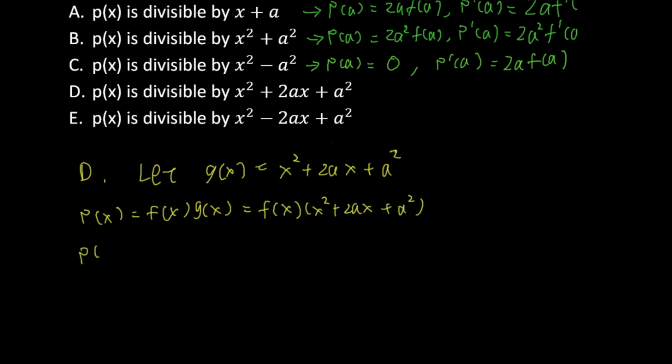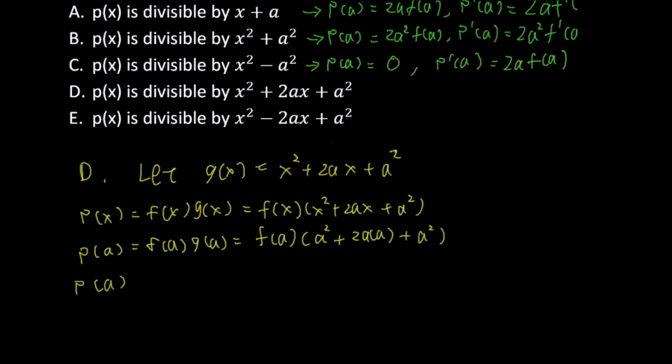Then what is p(a)? We plug into x. So f(a) times g(a) is equal to f(a) times, now this is a squared plus 2a times a plus a squared. p(a) is equal to what? 2a times a, 2a squared, 2a squared plus 2a squared, 4a squared.